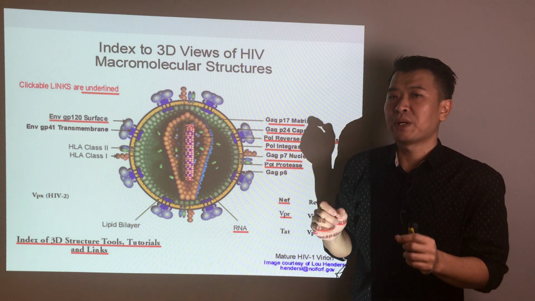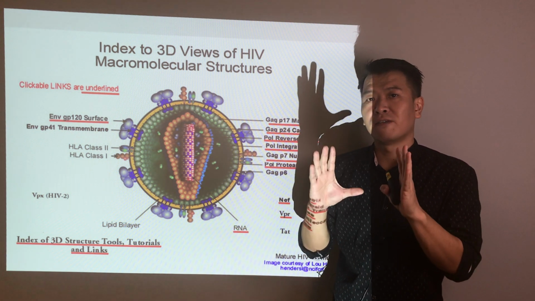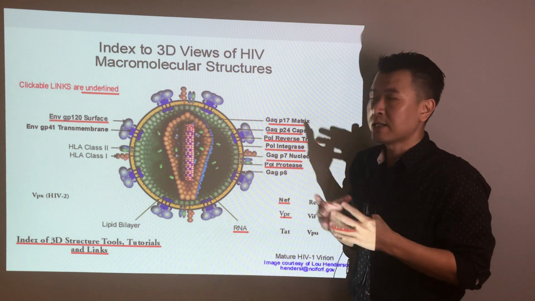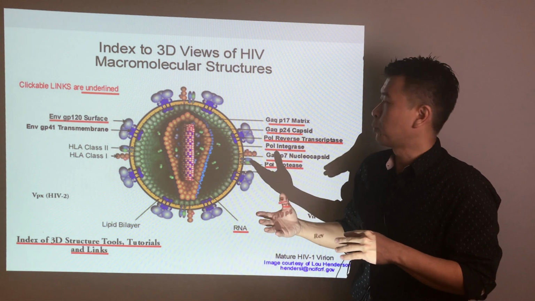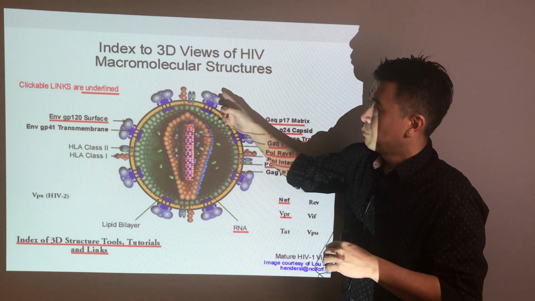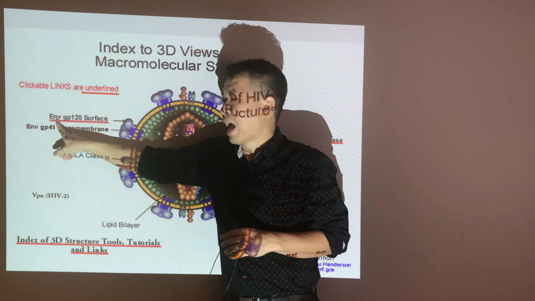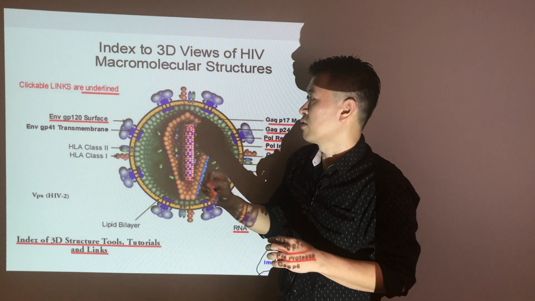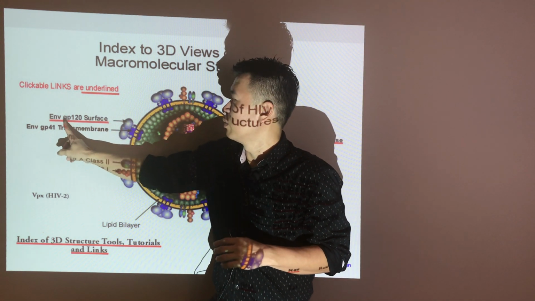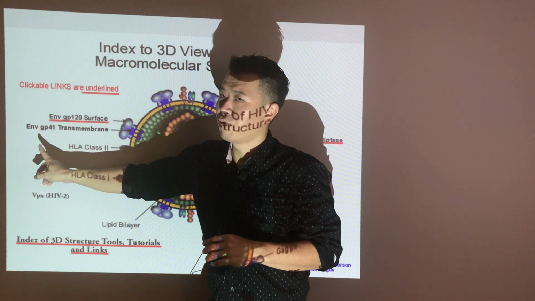So let's look specifically at the structure of this virus. As I mentioned earlier, on the surface of the virus, there are two glycoproteins, which are coded by the envelope gene. These two glycoproteins on the surface of the virus are GP120 and GP41.